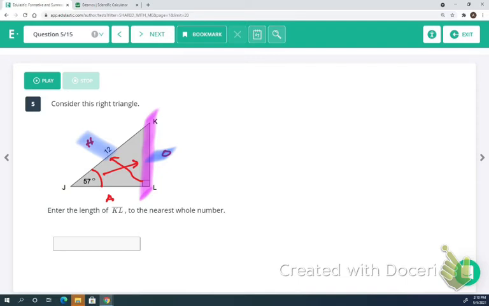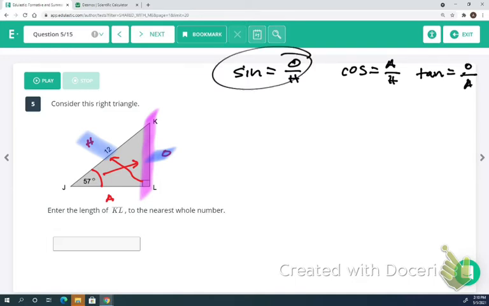If I know my trig functions, I know that sine is equal to opposite over hypotenuse, and that's what I want to use. I know that cosine is equal to adjacent over hypotenuse. That one doesn't help me. And tangent is equal to opposite over adjacent, so that one doesn't help me either. So here I'm going to be using sine.